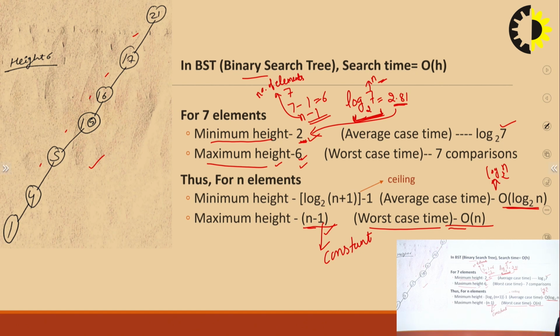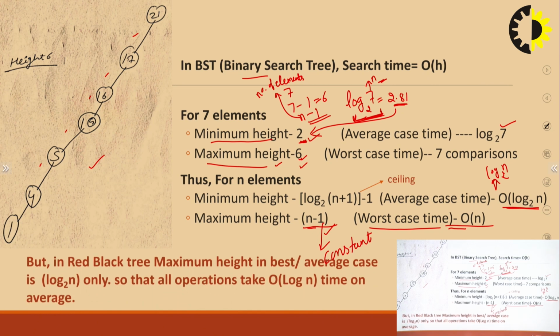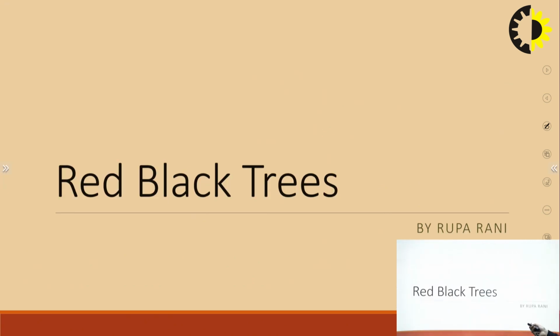Now see the next slide. Overall, we can conclude that in a red black tree the maximum height in the best or average case is log n, so that all operations take big O log n time on average. Now we will start with the red black tree.